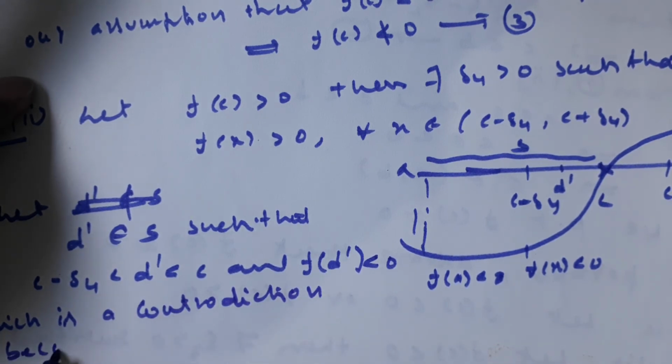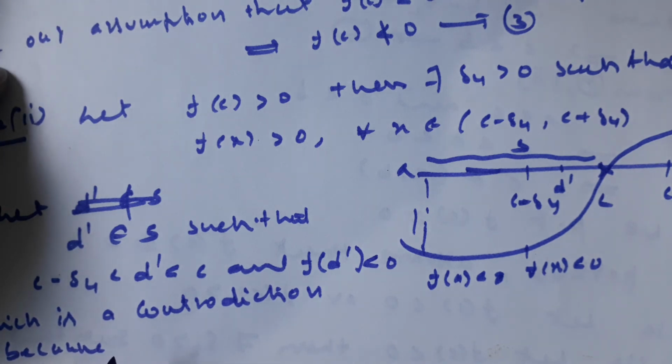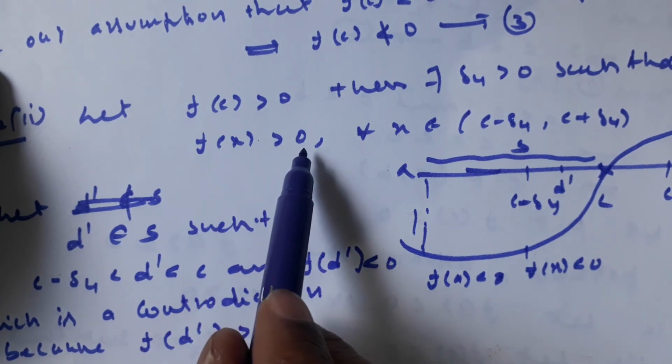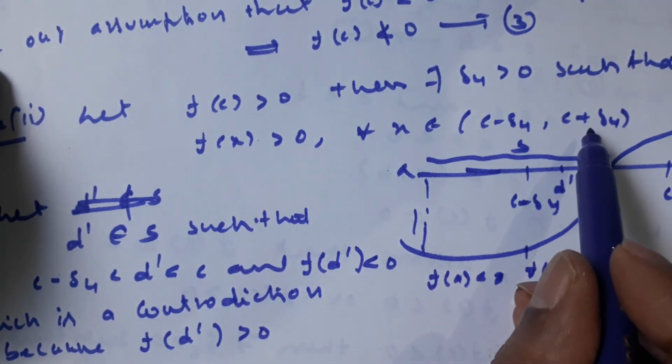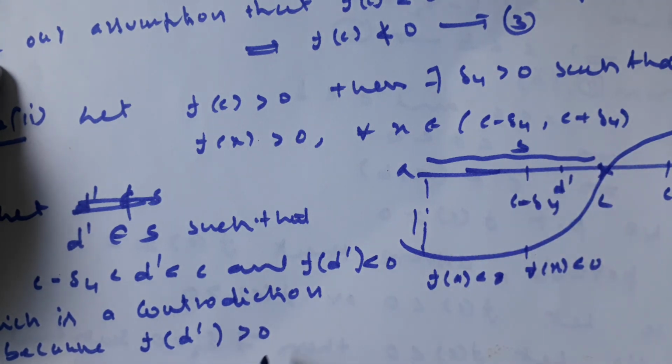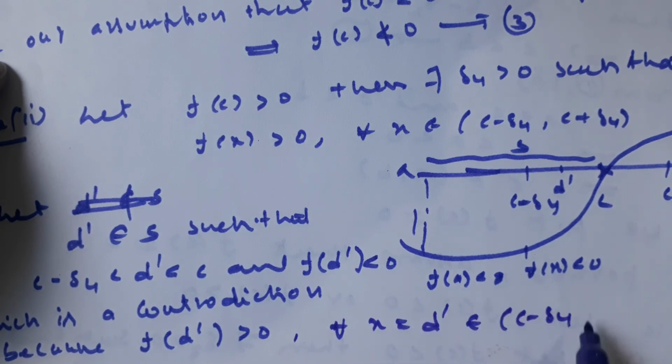Because f of d dash must be greater than 0, because for all the values of x it should be greater than 0. So wherever this d dash belongs in this interval, f of d dash is greater than 0 for all x equal to d dash belonging to the open interval C minus delta 4, C plus delta 4.